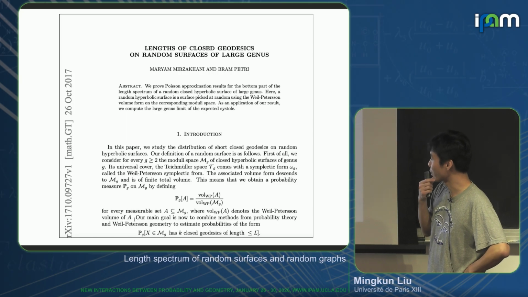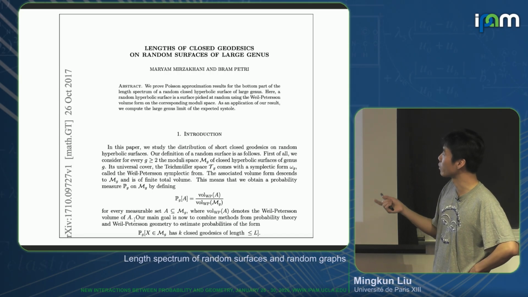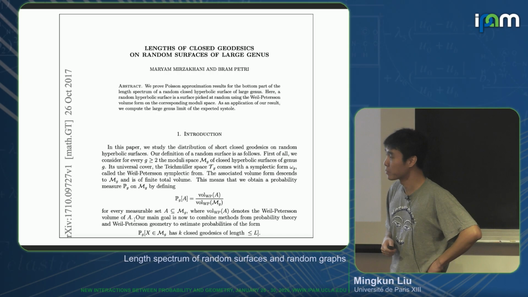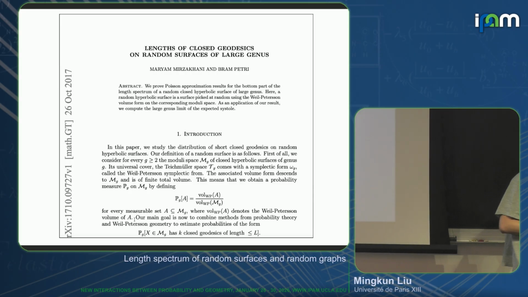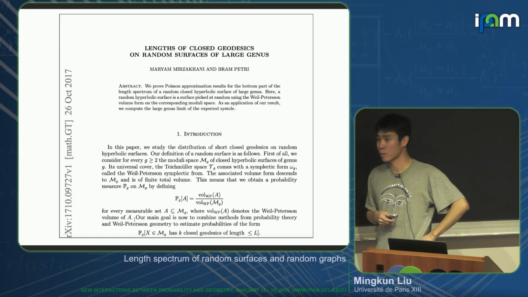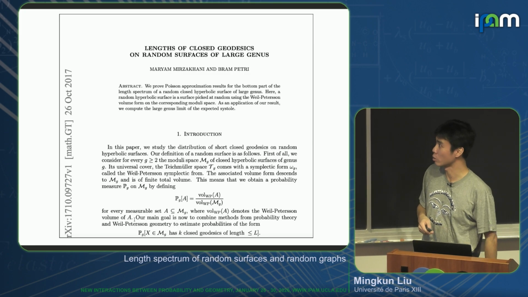Still, at the end of 2017, after the death of Mingkun, another paper by Mingkun and Brian Petri appeared on arXiv. In this paper we see the strength of the toolbox prepared by Mingkun and the precision of results you can get with these tools.